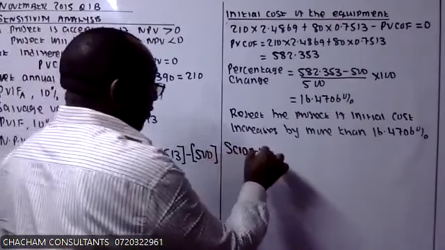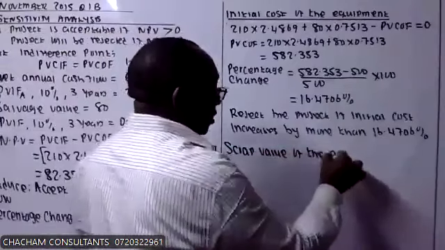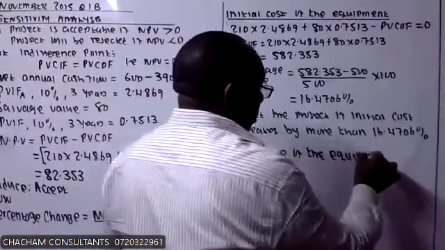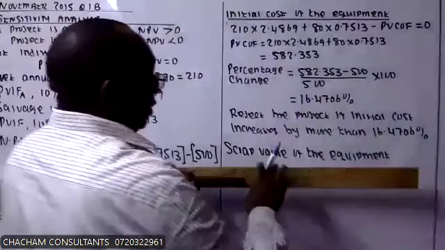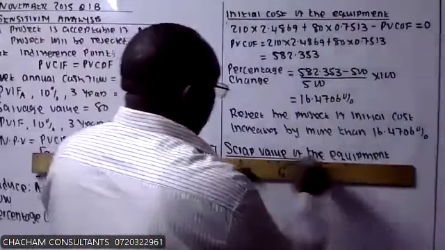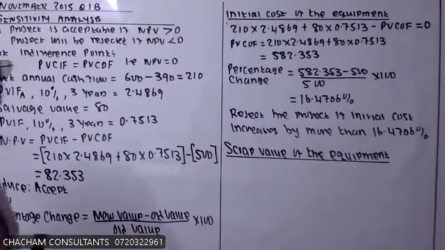So, scrap value of the equipment. Remember tulisema sensitivity analysis assumes only one item is changing. The others remain constant.